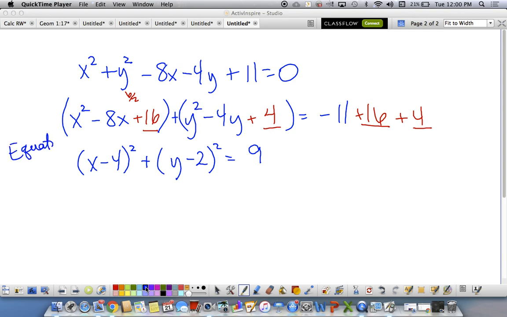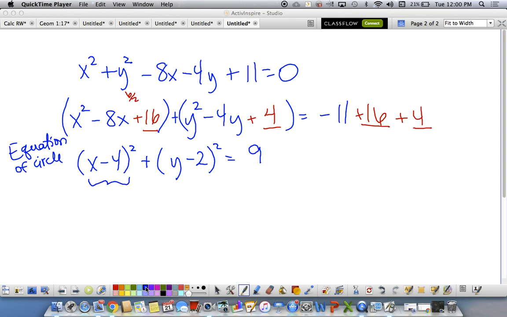Now the question is, is it centered at the origin? Probably. I'm gonna say no. No, because the x squared plus y squared equals r squared is centered at the origin. There's nothing else that's moving it right and left. So what is this equation doing to this?